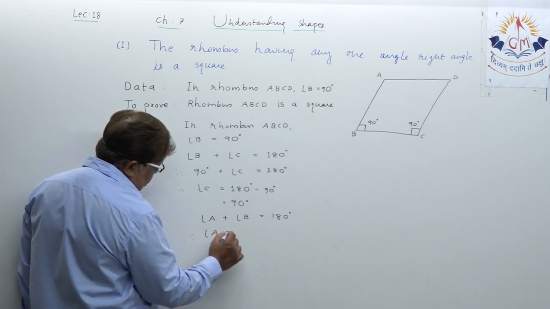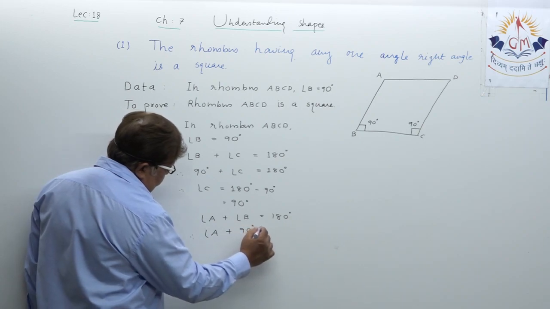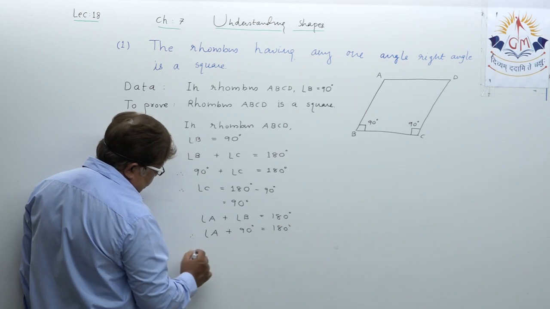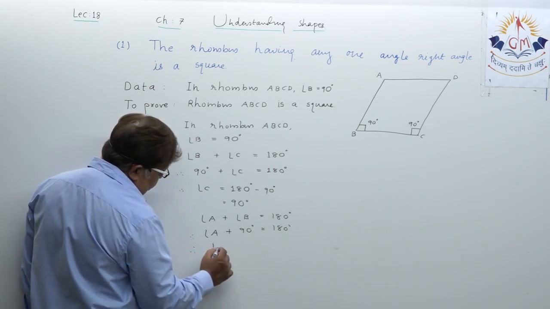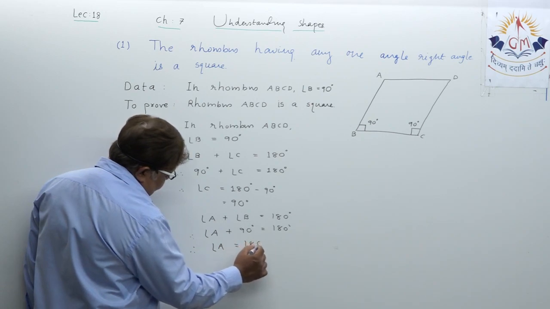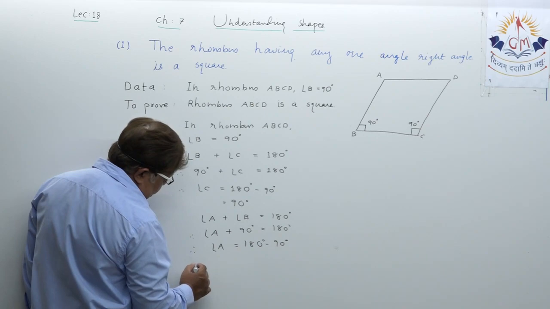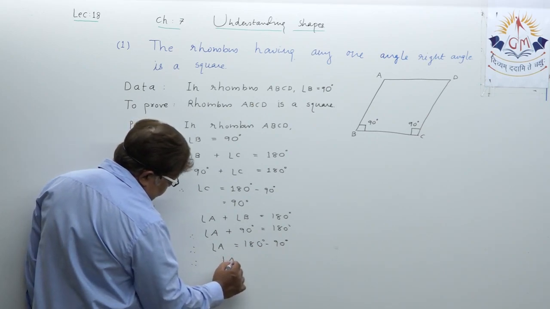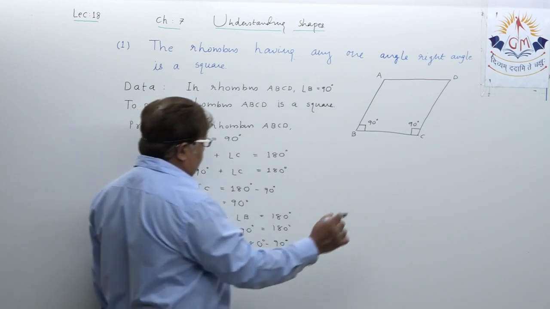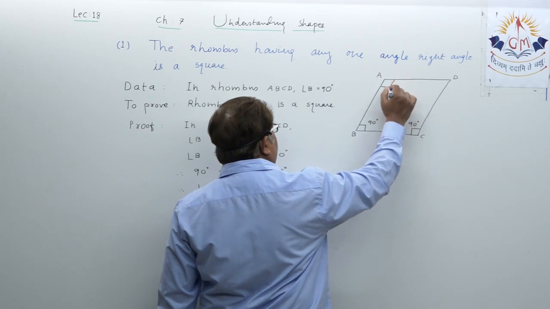Angle A plus 90 degree equal to 180 degree. Let us transfer it. Angle A equals 180 degree minus 90 degree. So angle A equal to 90 degree. You got the third angle also 90 degree.